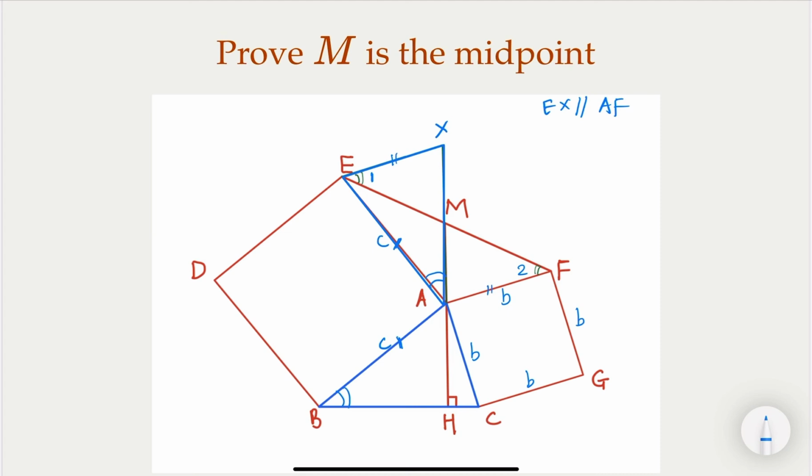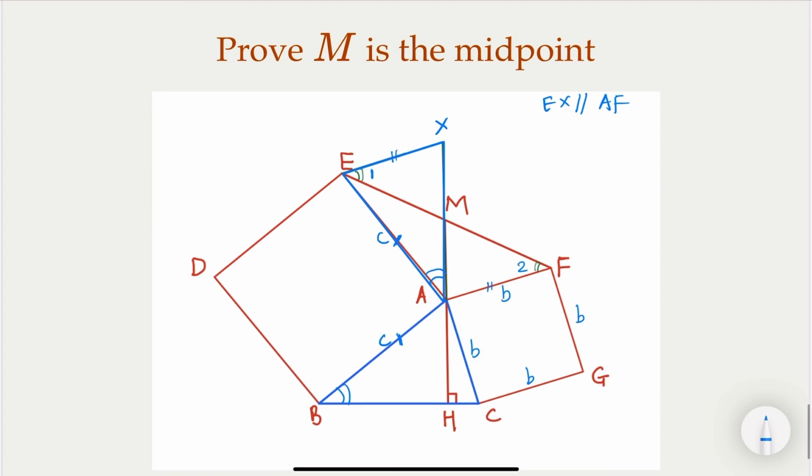So because this is a parallel line, right? So what I have is, okay, it's very easy. So this big triangle here, right? This big triangle here, yeah. Let's call it 3, right?